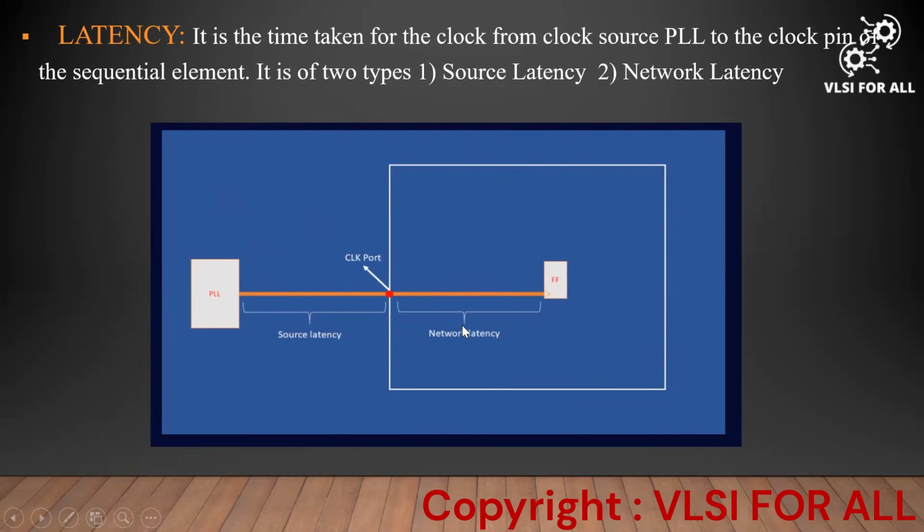It is divided into two types: source latency and network latency. The amount of time it takes from the PLL to the clock port defined in our block is called source latency. From the clock port to the clock pin of the flop, the amount of time it takes is called network latency.